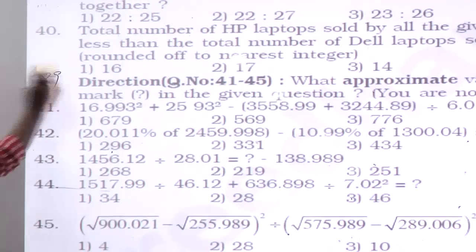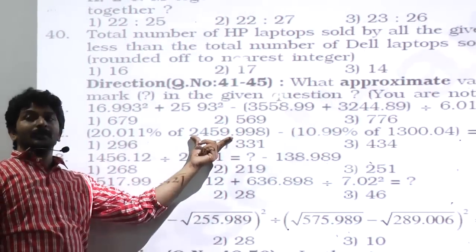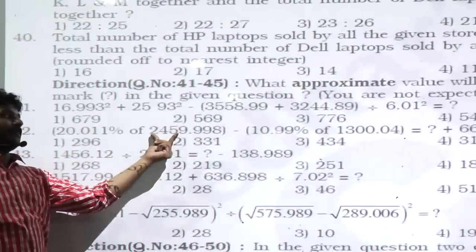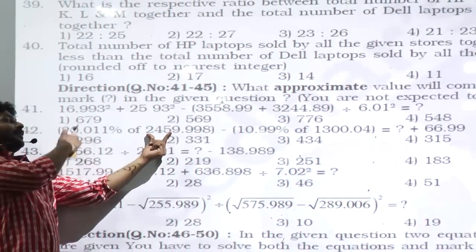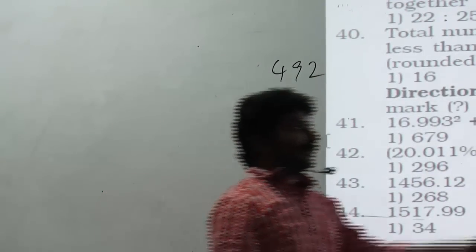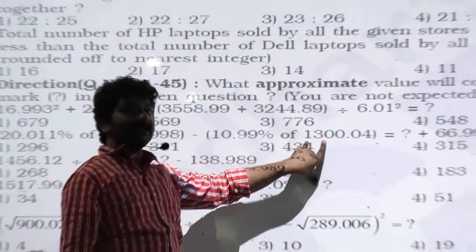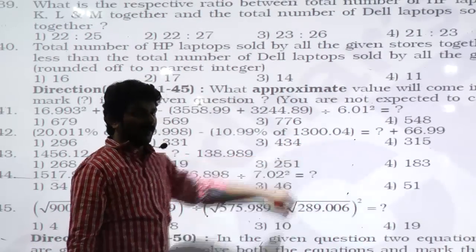Now, how much is this? 2460. 10% is 246. You have 20%. 2 times of 246. 492. And then 11% of this. 10%? 130. 1%? 13. 130, 13? 143.